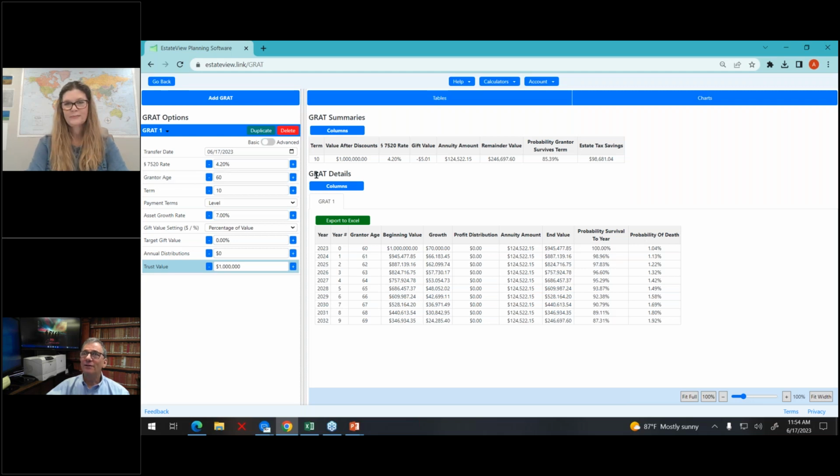All right. You are 60 years old and you know you'll live at least 10 years and you have assets worth $1 million and you put them in a GRAT, and the GRAT will pay you $124,000 a year for the 10 years, and then whatever's left in the GRAT after 10 years is outside of your estate for federal estate tax purposes.